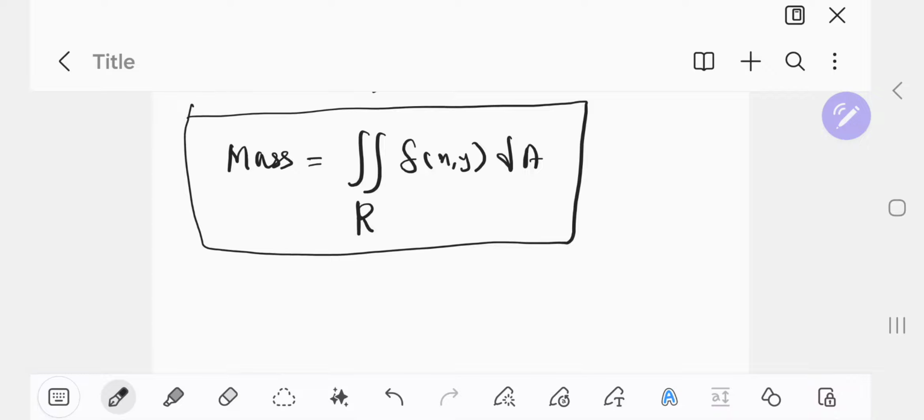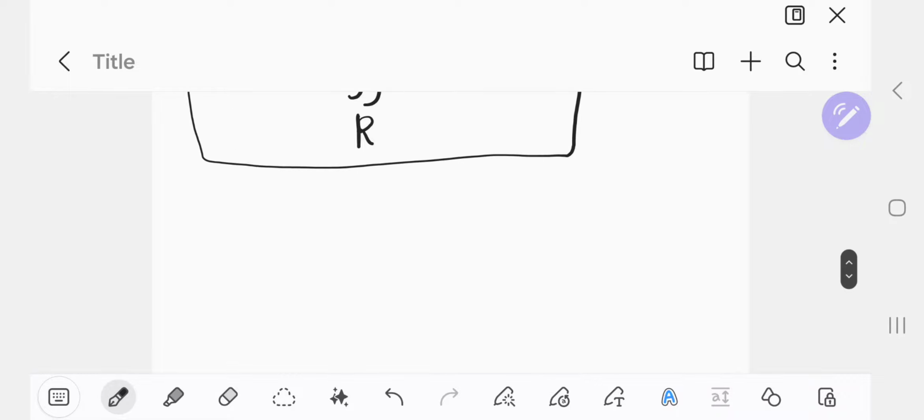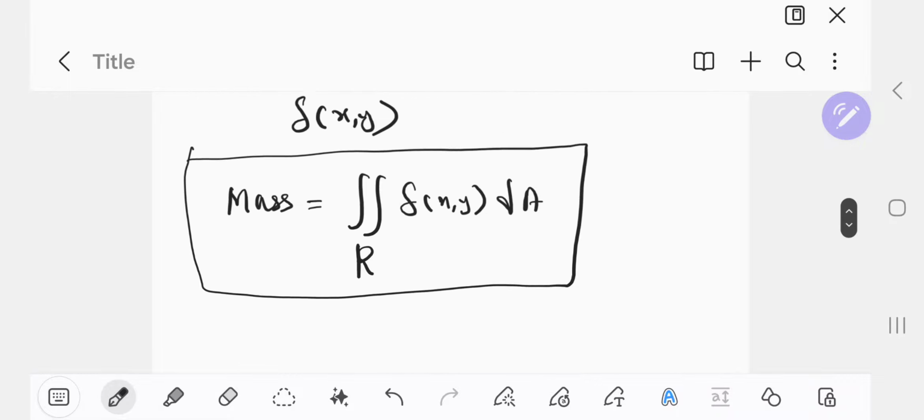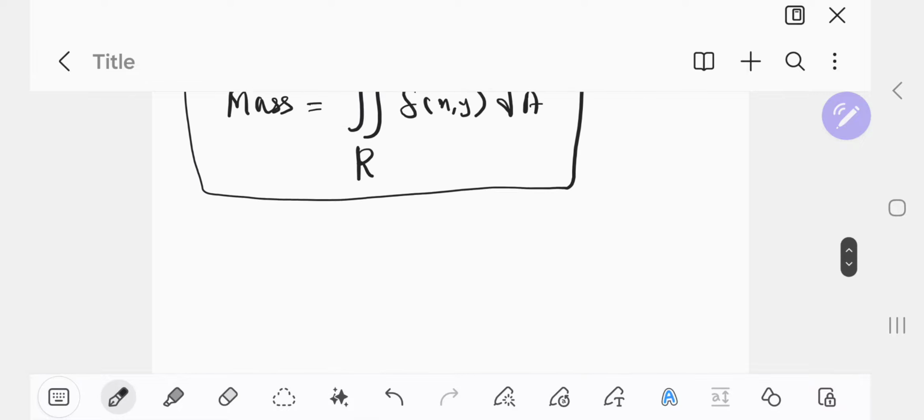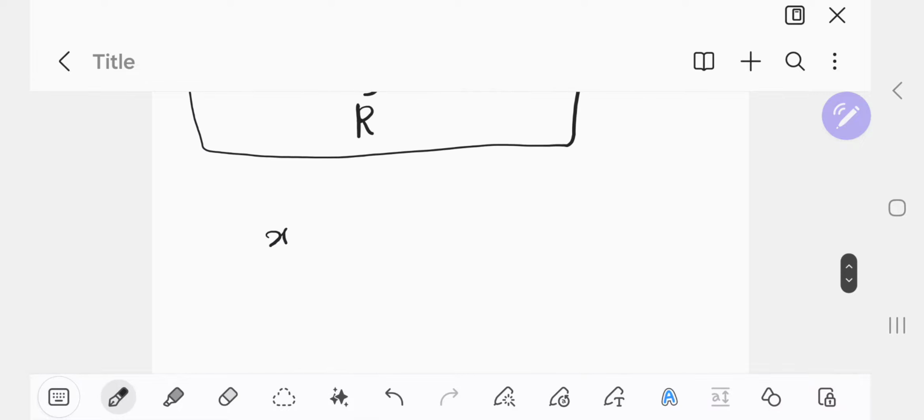Then apart from mass, we want to find center of gravity. In order to find center of gravity, we have a formula. Center of gravity is a point in this lamina. We want to find a point x bar, y bar, which is a point in this lamina, which is the center of gravity. In order to find that, we want to find both coordinates, x coordinate, which is x bar, and y coordinate.